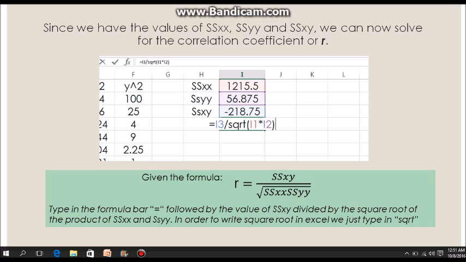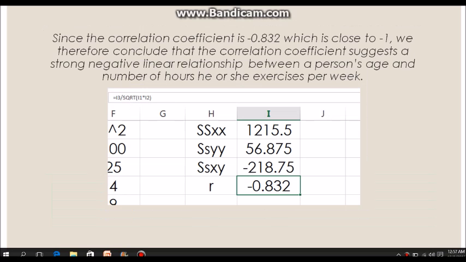Type in the formula bar equals followed by the value of SSXY divided by the square root of the product of SSXX and SSYY. In order to write square root in Excel, we just type in SQRT.